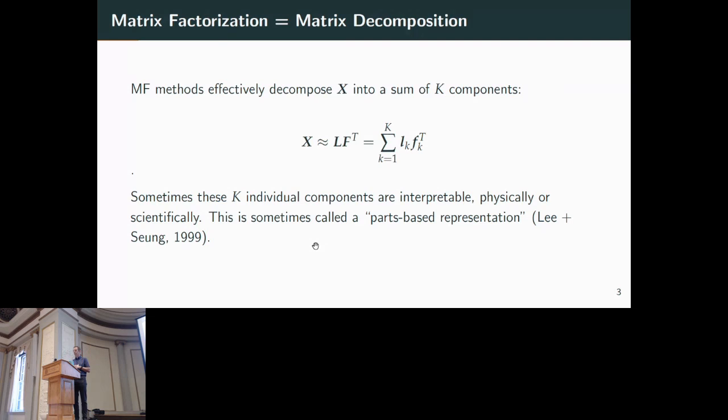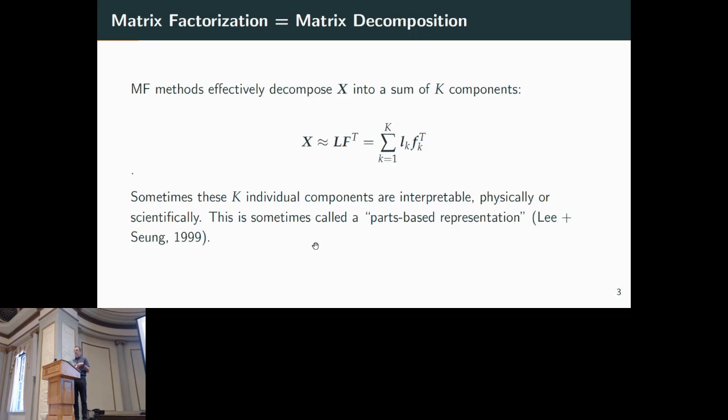L_k here is the kth column of L, and F_k is the kth column of F. Right? So any matrix factorization is actually doing a decomposition of your data. And sometimes, if you're lucky, or maybe if you're careful, or if you use the right approach, these K individual components correspond to something that's interpretable physically or scientifically.